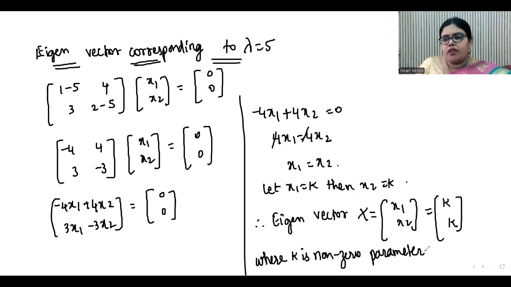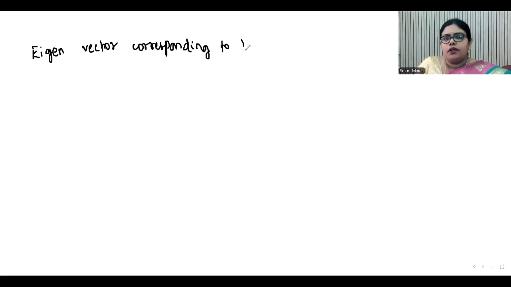Now, the same way we have to find the eigenvector corresponding to lambda equals minus 2. Eigenvector corresponding to lambda is equal to minus 2. Now substitute lambda is equal to minus 2 in the first equation.